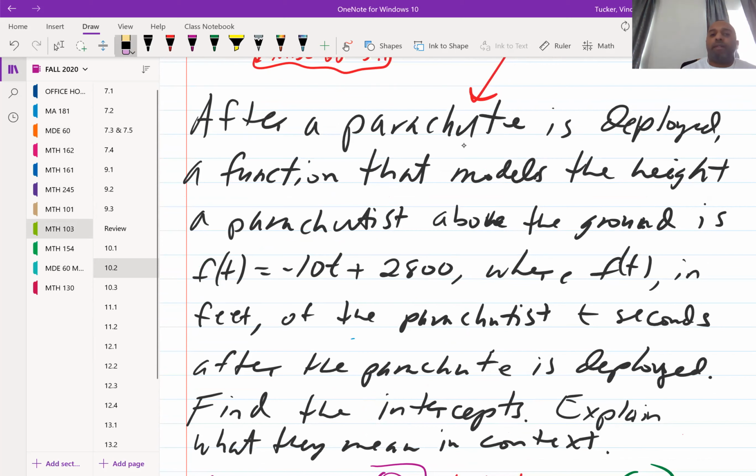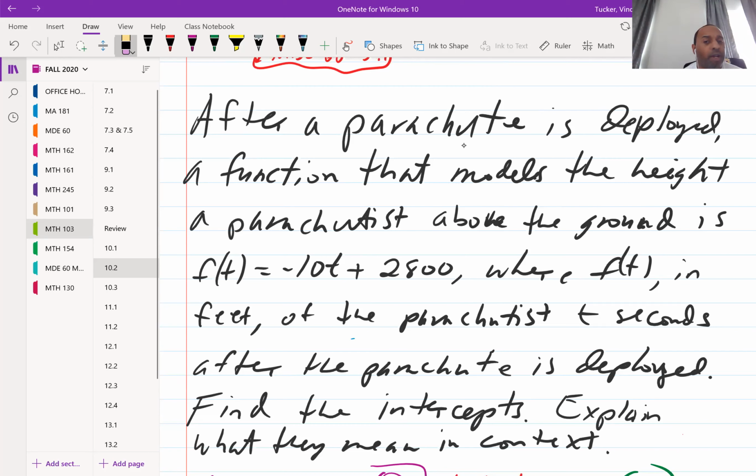After a parachute is deployed, a function that models the height of a parachutist above the ground is f of t equal to negative 10t plus 2800, where f of t is in feet, the height of the parachutist t seconds after the parachute is deployed. Find the intercepts, and then explain what they mean in context.